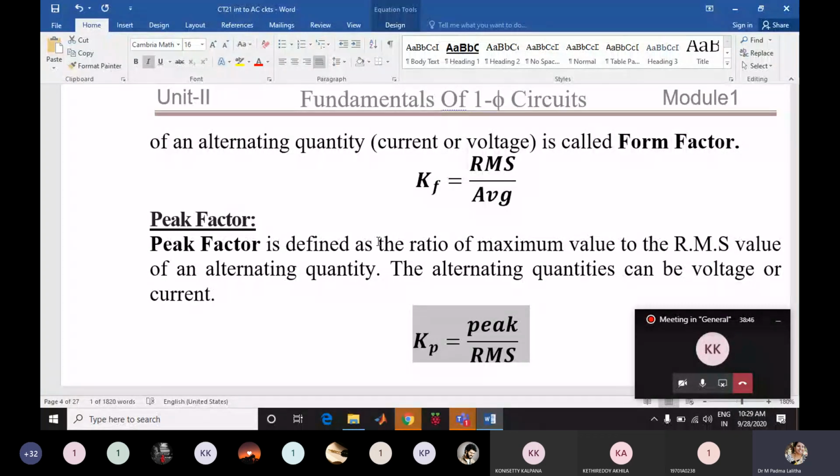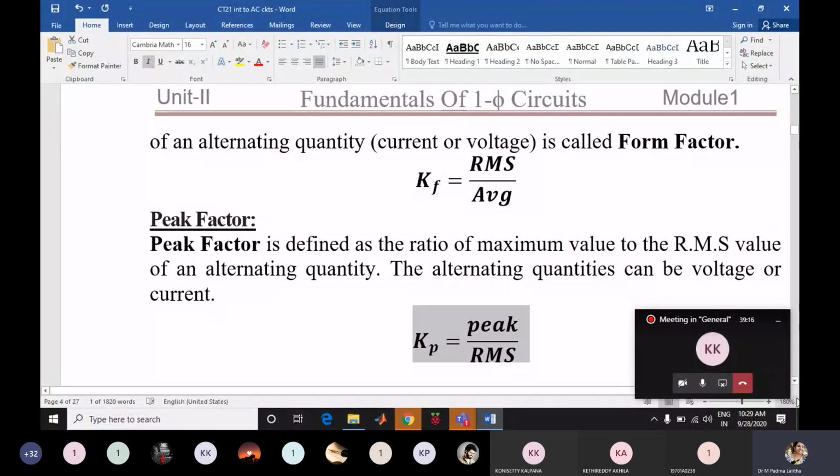Once we know the behavior of these elements, we will see the series and parallel combinations. When elements are connected in the circuit and we give an AC supply, we need to calculate the voltages and currents. So this is about the second unit.